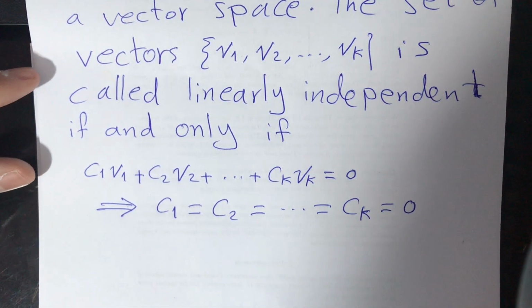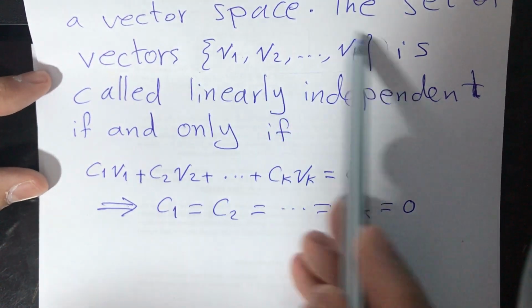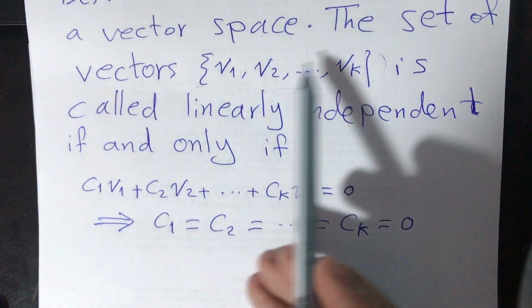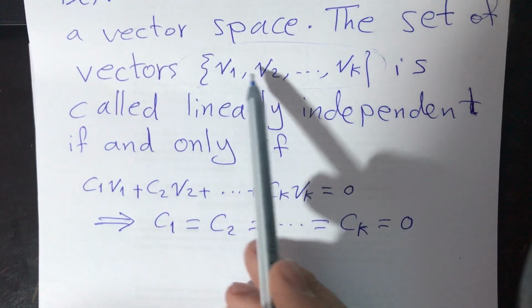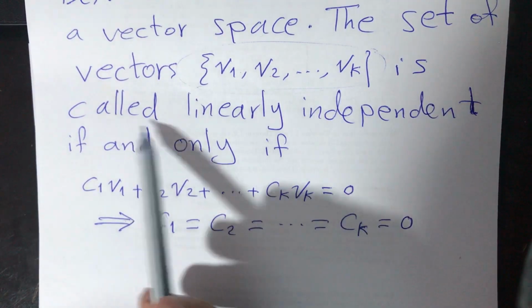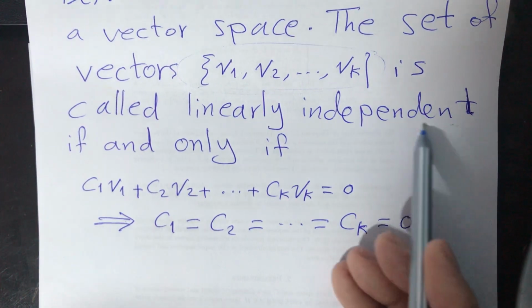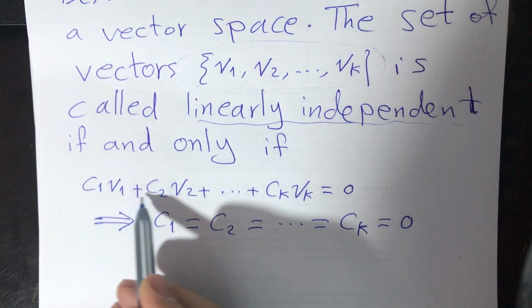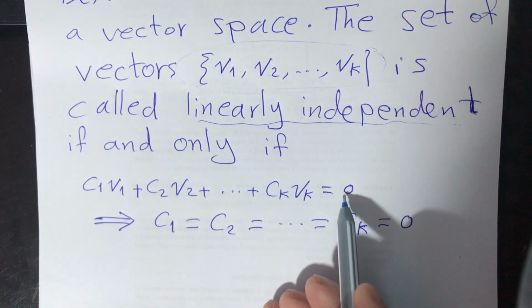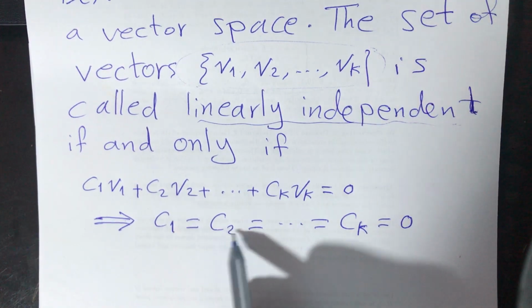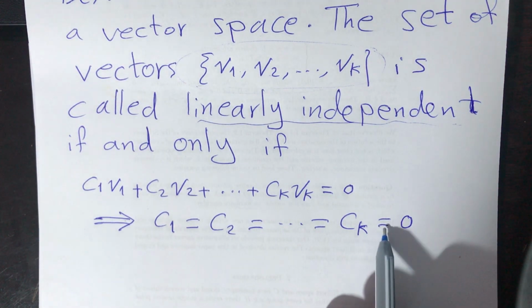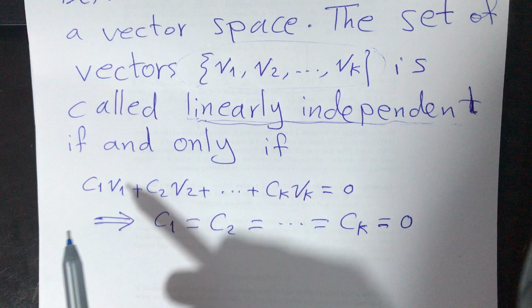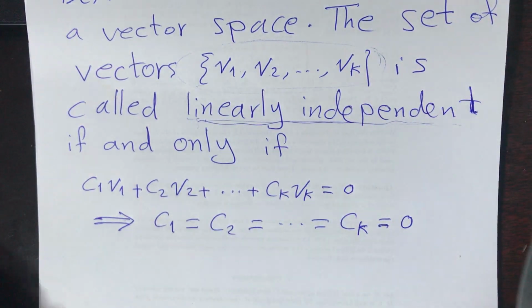We say that if these vectors are in vector space V, this set V1, V2 until Vk is called linearly independent if and only if C1 V1 plus C2 V2 until Ck Vk equal to 0 implies C1 equal C2 and so on to Ck, all of them equal to 0. Then we say that this set is linearly independent.